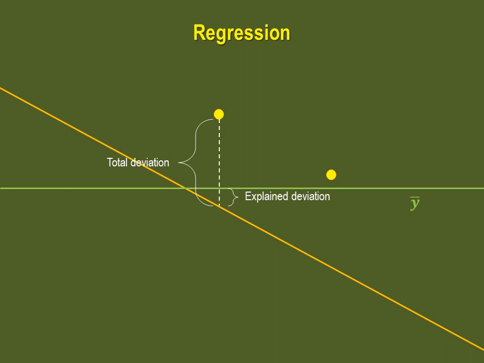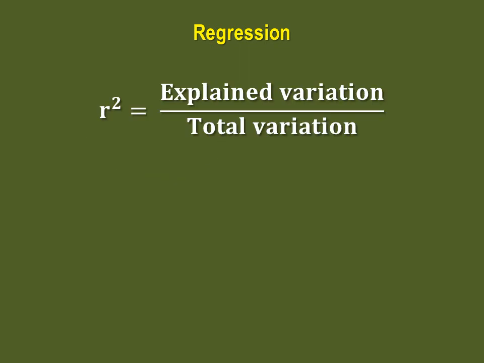The explained deviation, which is the distance between the mean of y and our line of best fit at our given point's y coordinate, and the unexplained deviation, which is the vertical distance between our actual point's y and the line of best fit.